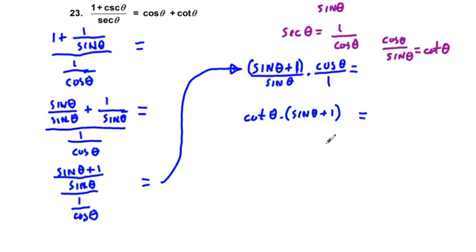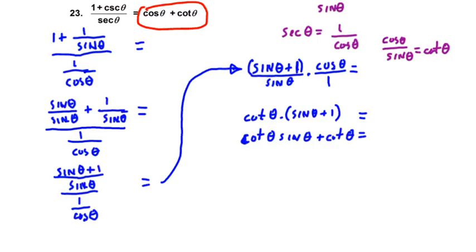And so, going ahead and working through like this, distributing the cotangent. So we have a cotangent theta times sine theta. So I'm just going to write this down here. Cotangent theta sine theta plus cotangent theta. And so already we're looking close to this original right side here that I'm circling in red. We already have that cotangent theta.